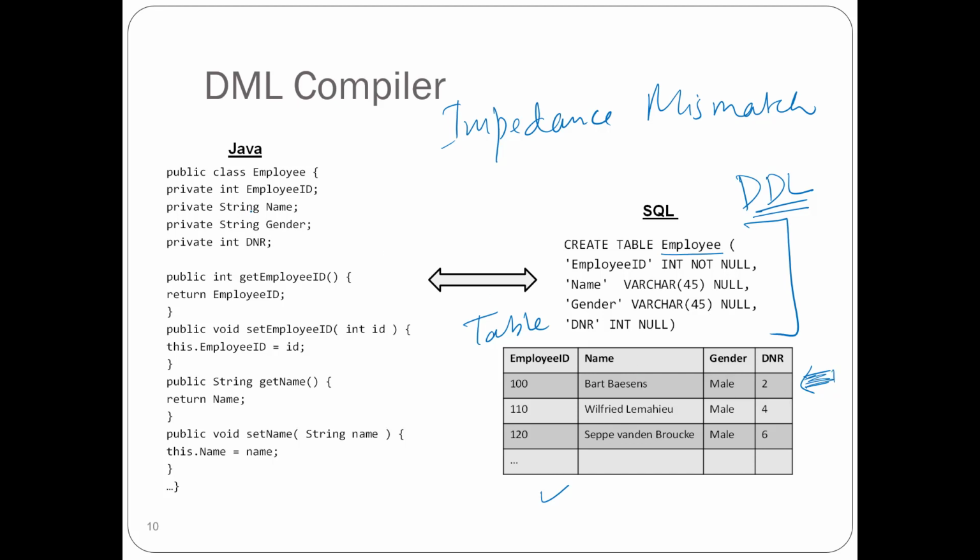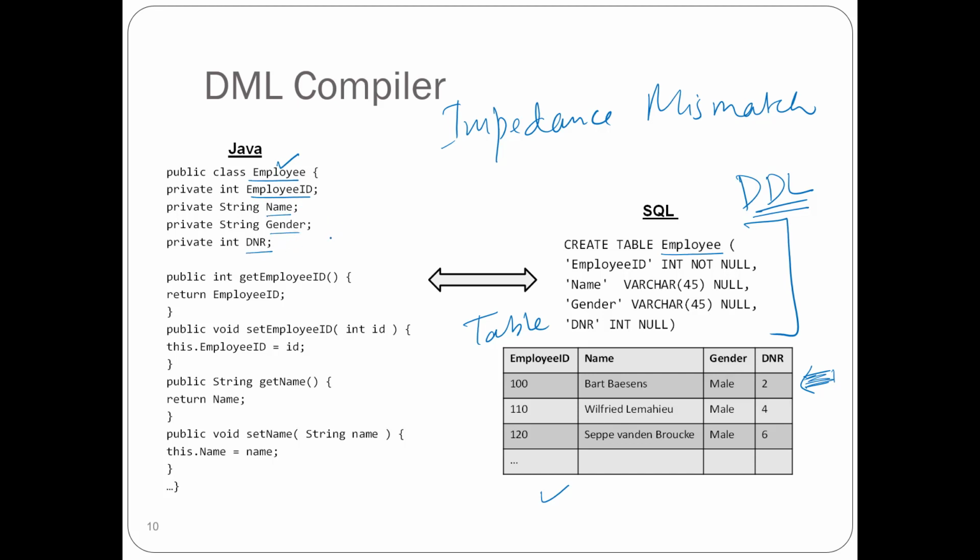Whereas if you have to write a similar program, if you have to do a similar thing in Java, where you want to store the information about an employee, then in place of the table, you'll create a class. You'll say public class employee, and for this employee class you will go on and declare your data fields.